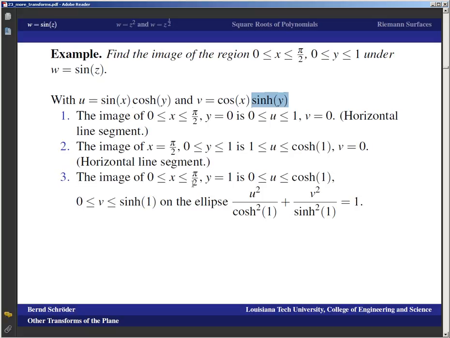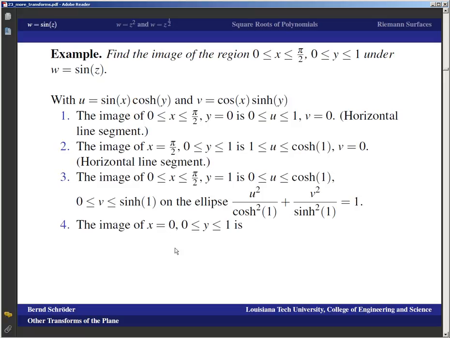X going from 0 to pi over 2 is a quarter rotation. And so that's a quarter rotation on an ellipse where the radius in the x direction is cos y and the radius in the y direction is sin y. So that really would be that quarter of this ellipse down here.